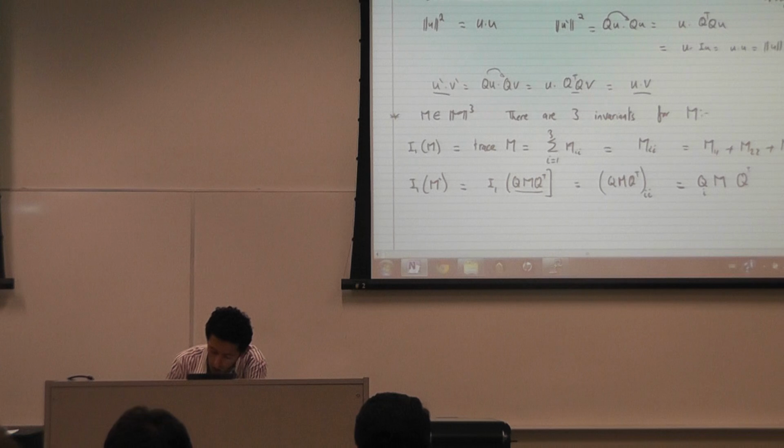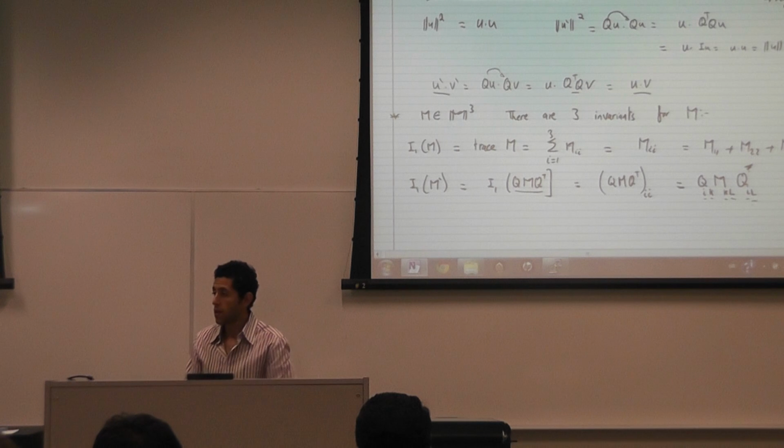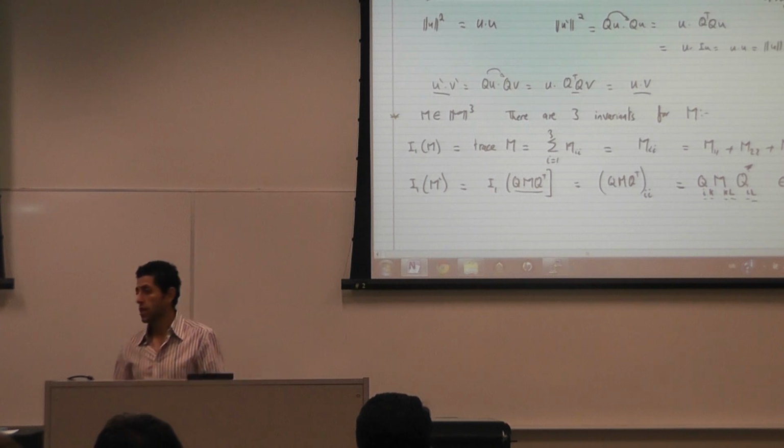Put i here, and I should put i on the outside, but because it's transposed, I'm going to put i inside, and then in the middle I'm going to sum over k, l. And there are summation signs everywhere. There's summation over i, over k, and over l, because this is just a number, and that's why there's no free index.